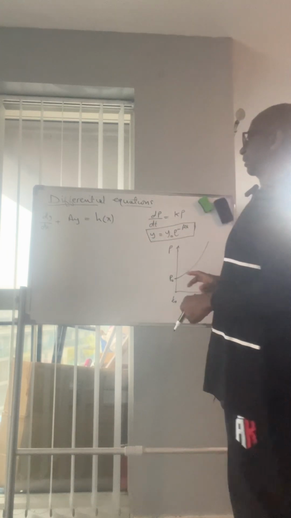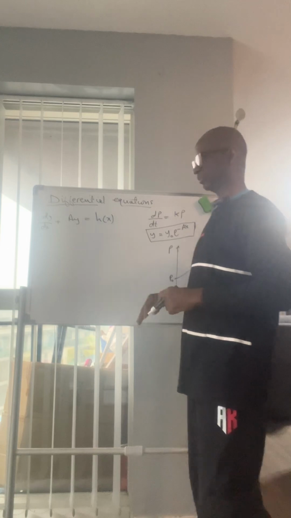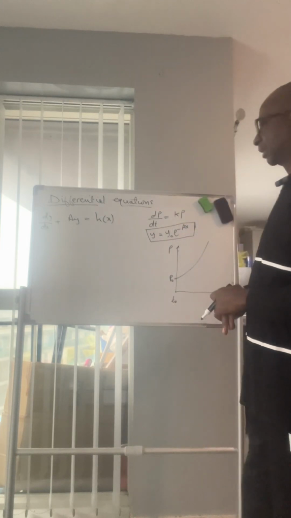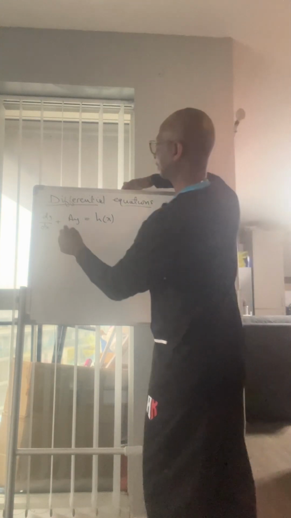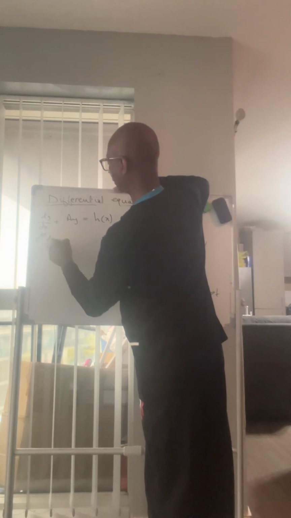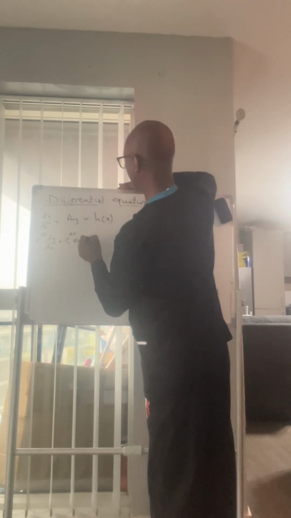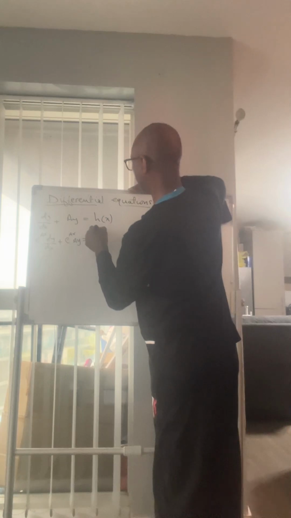If we multiply both the left and right hand side of this equation by e raised to the ax, we get e raised to the ax dy/dx plus e raised to the ax times ay equals e raised to the ax h of x.